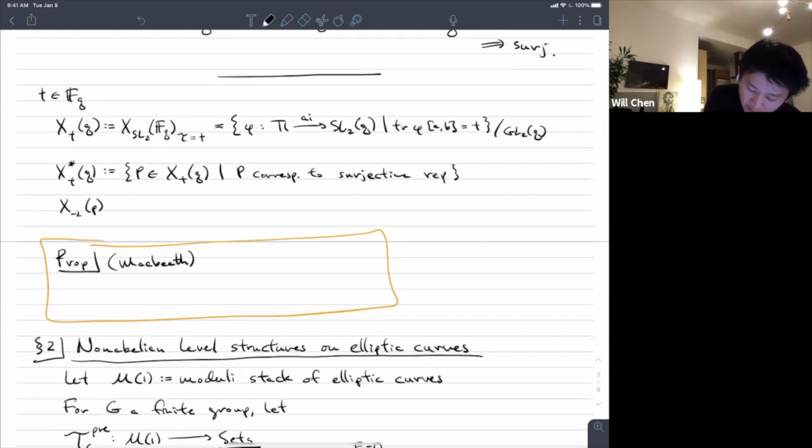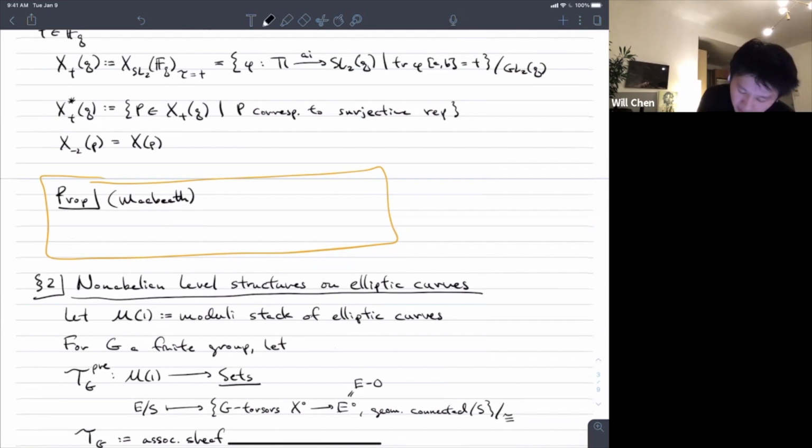It follows immediately from the definitions that X_{-2}(p) is precisely X(p), the F_p points of the Markov surface. What requires a little more work, but also follows from the results of McBeath, is that he classifies all the subgroups of SL2(F_q). It follows from his work that X_{-2}*(p) is equal to X*(p) from the intro.